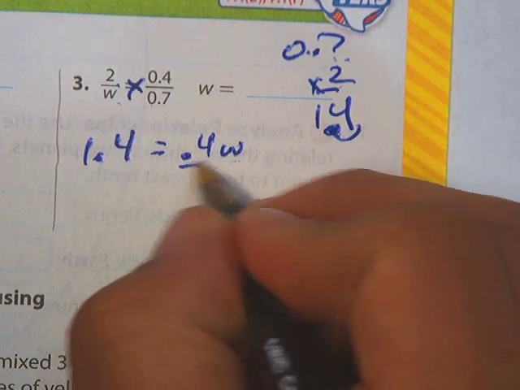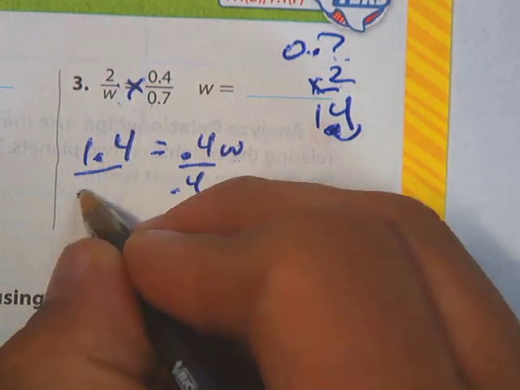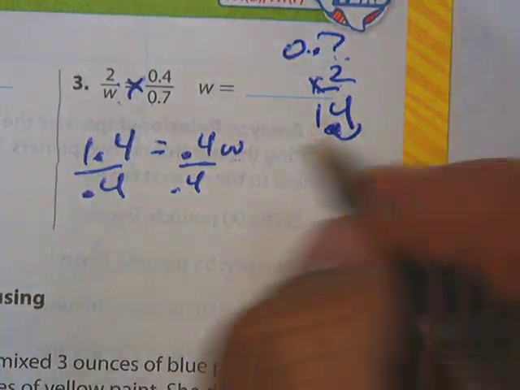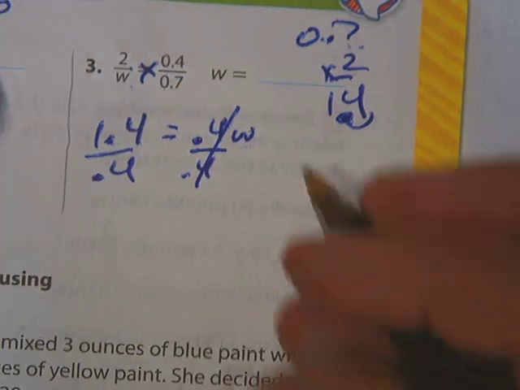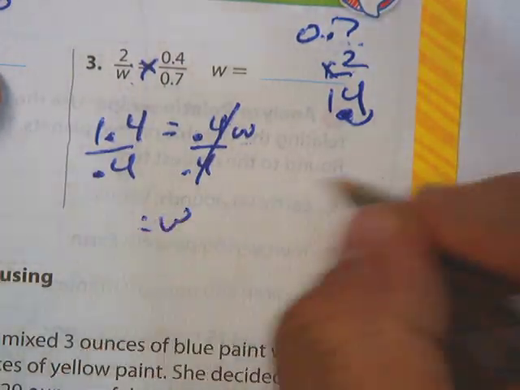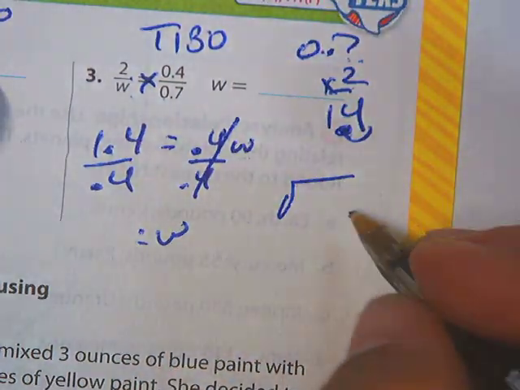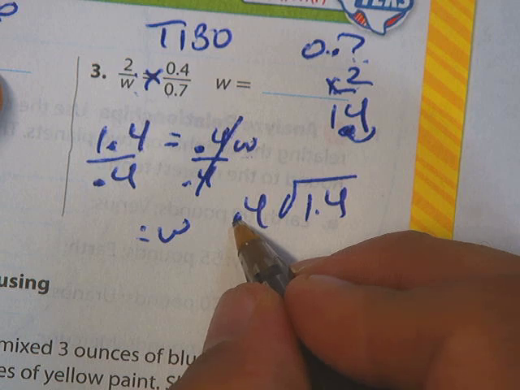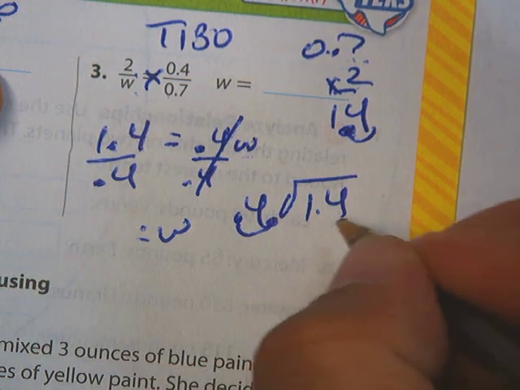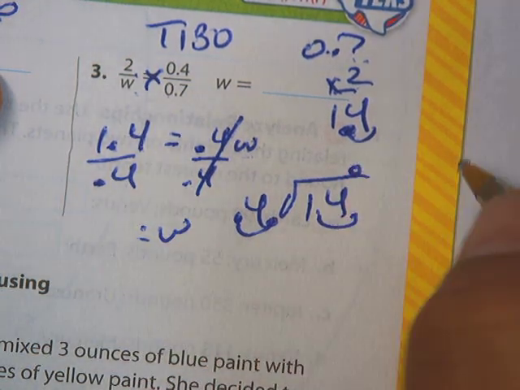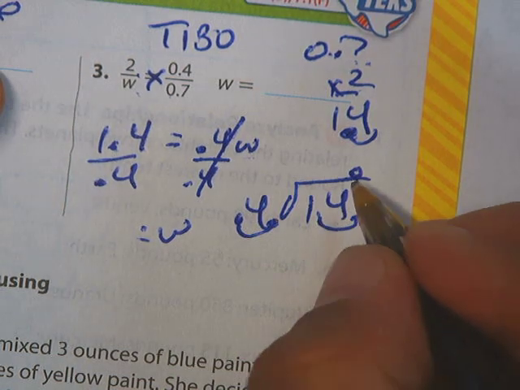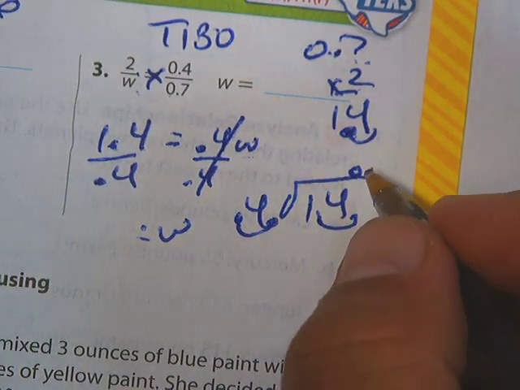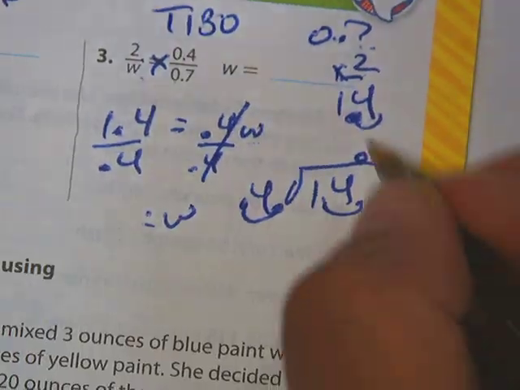What am I going to do next? I'm going to divide by whatever is next to the variable or the letter. So we're going to divide both sides by 0.4. And so this goes away. And so now we have W equals, well, you got to use table. Top in, bottom out. Don't forget to move the decimal once to the front and once over here. So now you have 4 into 14.